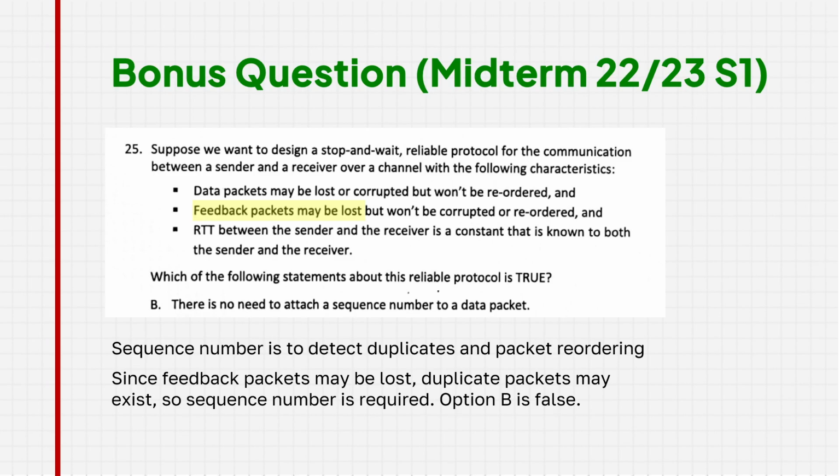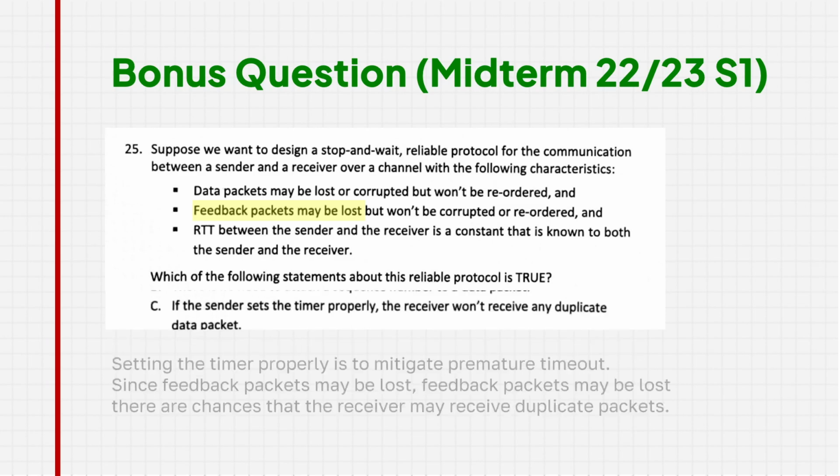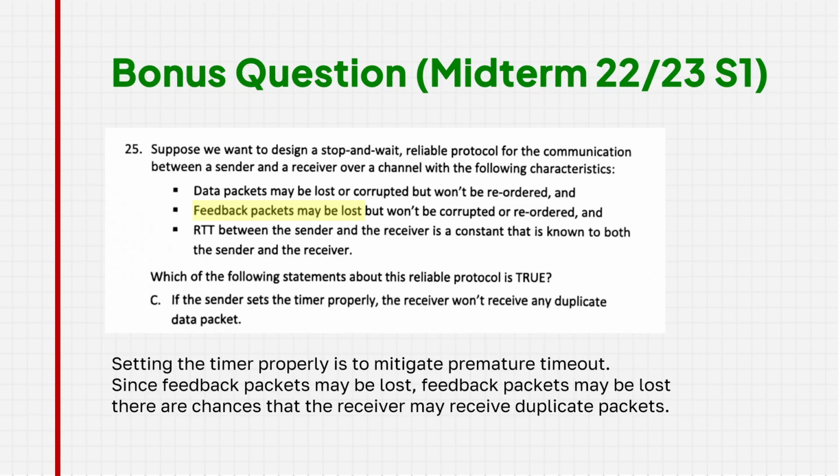Since your feedback packets can be lost, your ACK can be lost, duplicate items might exist. Thus, the sequence number is needed. Third one, setting a timer is for packet loss. However, setting a timer properly is basically to handle premature timeout, that is, what if you suddenly went a bit slower.